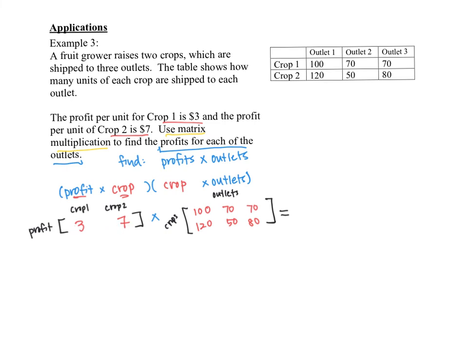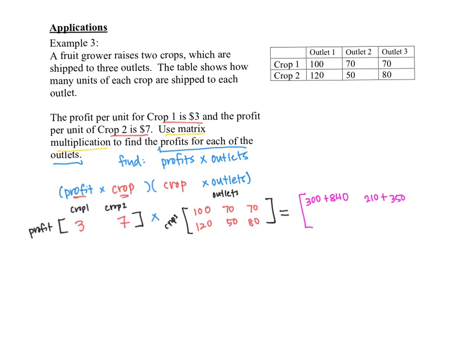Okay, so row 1, column 1. $300 plus 7 times 120, $840. Okay, now I have row 1, column 2. 3 times 70, 210 plus 7 times 50, 350.